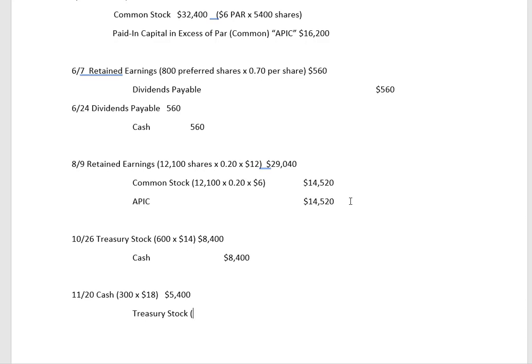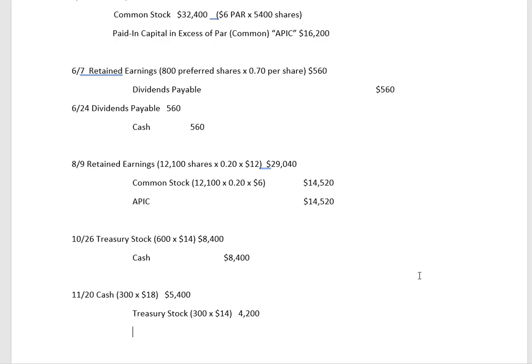Okay, because remember, we created this treasury stock account up here. We're going to reduce the treasury stock account by the 300 shares, and that was the $14 that we paid before. So we're reducing that account by 4,200. And when you do transactions in your own company stock, as you remember from the lecture in the book, it's not a gain. It would be kind of weird to say you made money.